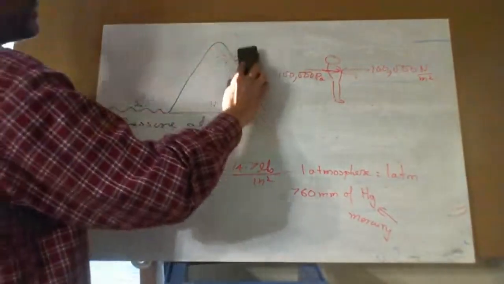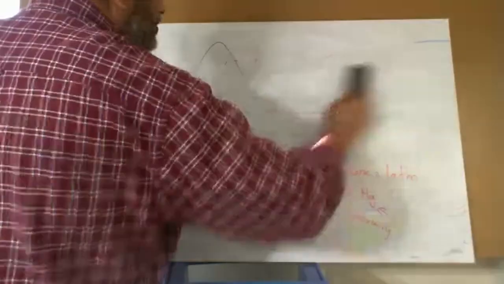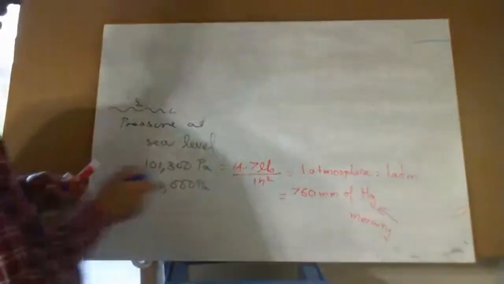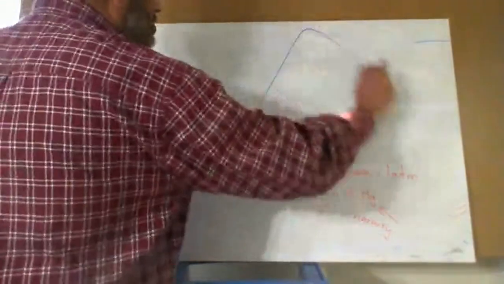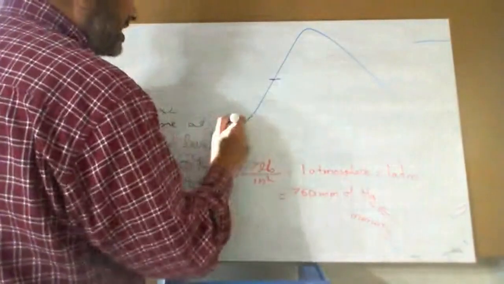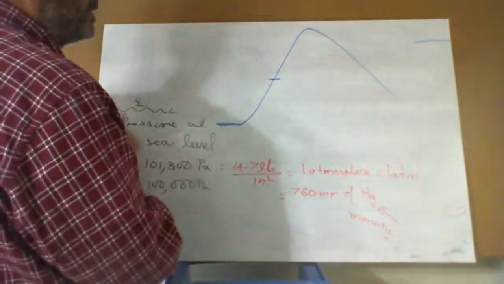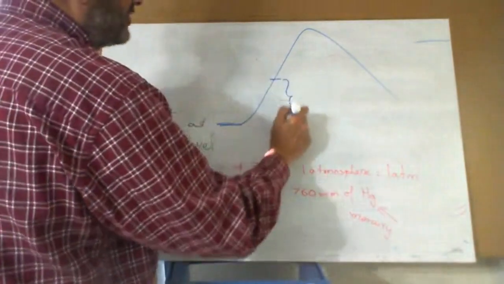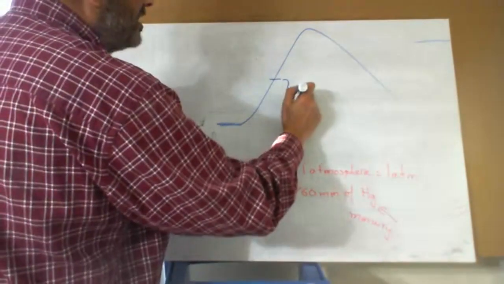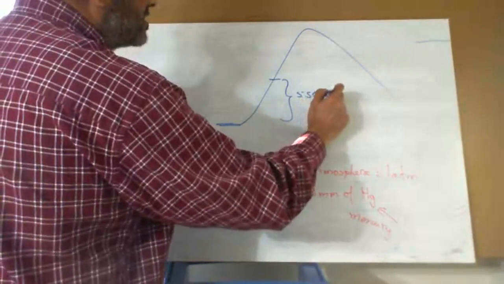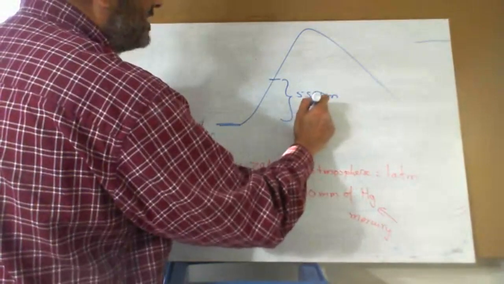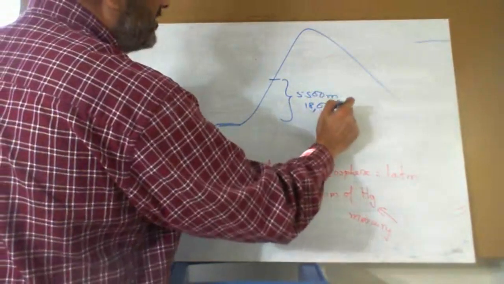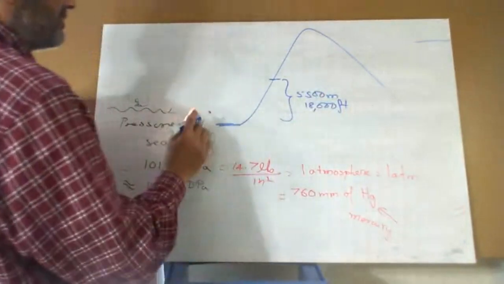Now here's something that you should know. As you climb up a mountain, the pressure drops. By how much? For every 5,500 meters, which is approximately 18,000 feet, the pressure becomes half.